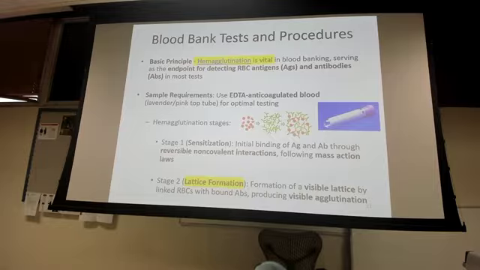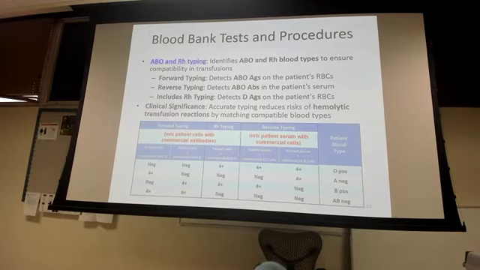And then you have your stage 2, which is your lattice formation, which is that visible agglutination. And when you submit the samples, it will be submitted in an EDTA tube, which will be a lavender top tube. We'll have another lecture, I think lecture 5, where we'll talk more about the types of tubes, okay?